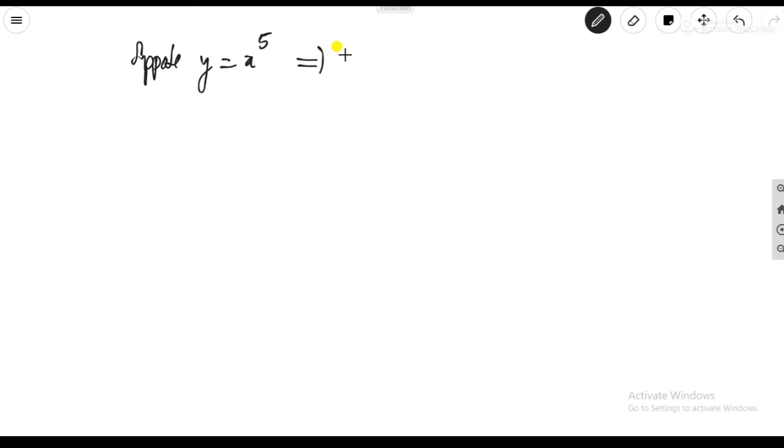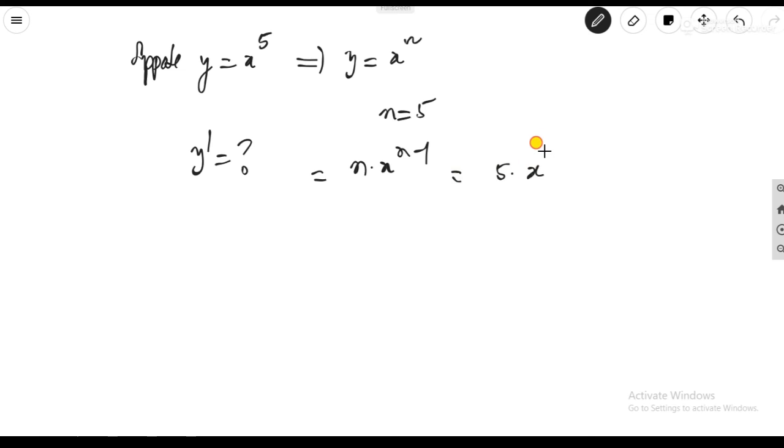This is in the format y is equal to x power n, where n is equal to 5. So what is the derivative of this? It is n into x power n minus 1. So here n is equal to 5, giving 5 into x power 5 minus 1, that is equal to 5 x power 4. So this is how the derivative of x power 5 is 5x power 4.